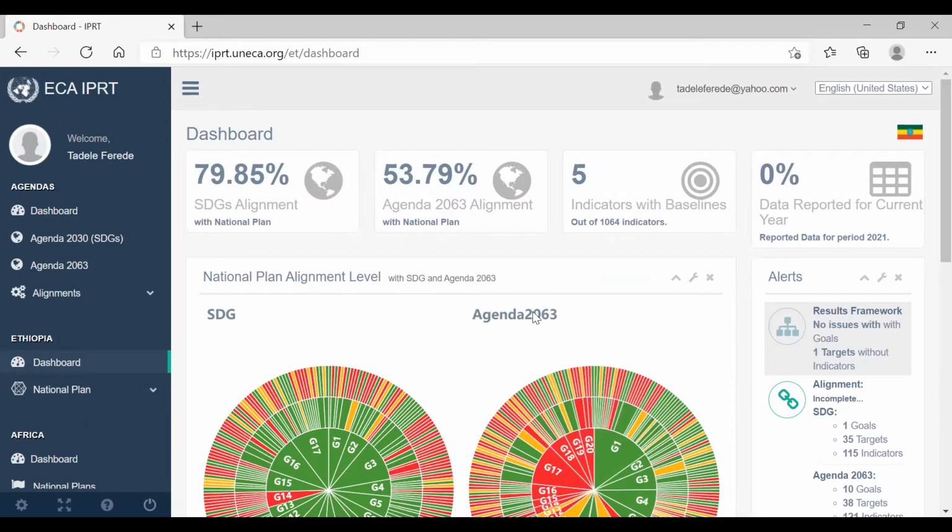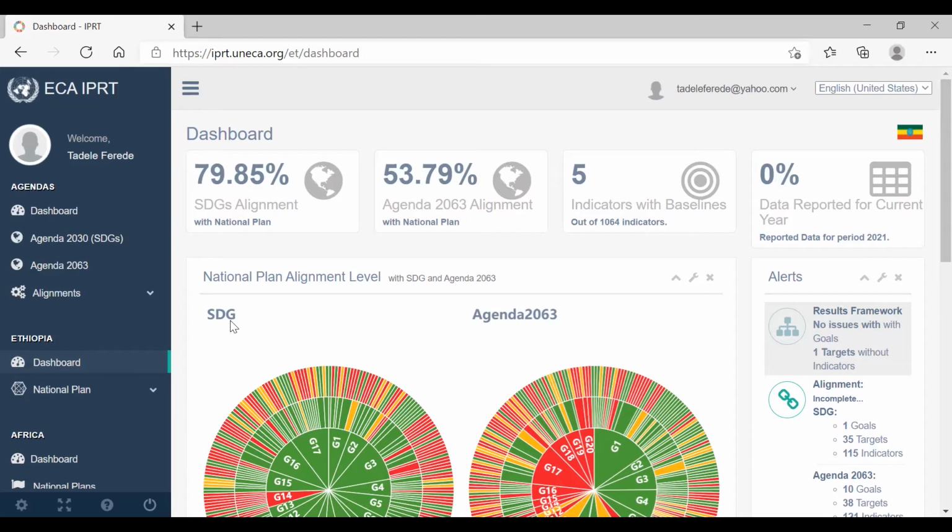Now the Ethiopian case, or any other country for that matter, you can see how Ethiopia's National Development Plan is aligned with SDGs and Agenda 2063. Now look at this. The first one is SDGs alignment. The Ethiopian National Plan is known as the Second Growth and Transformation Plan.